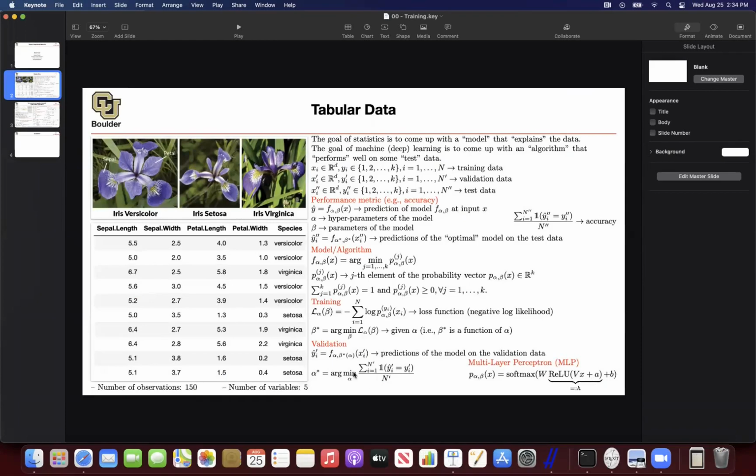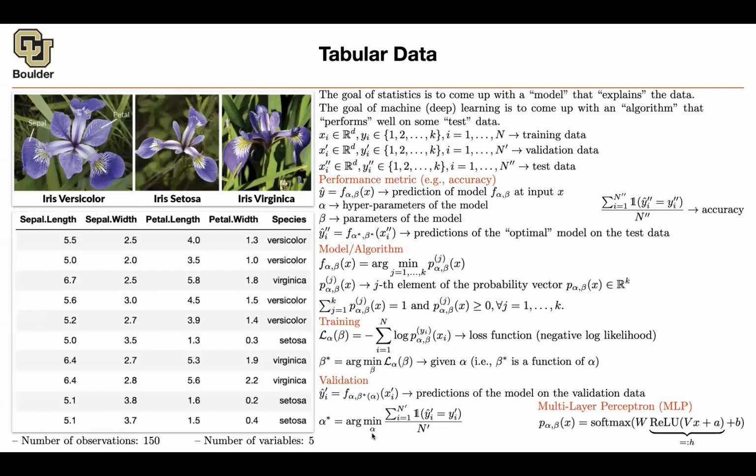And you're going to assume that you know alpha. Now your question is, how do you actually find alpha? How do you solve this maximization problem? And as you can see, this is a discrete objective. So you cannot just take gradients with respect to alpha, because alpha was a discrete choice.